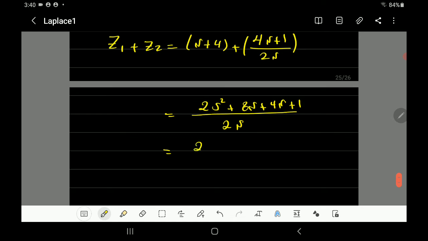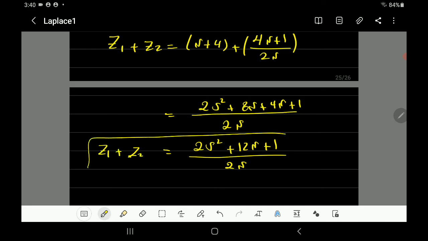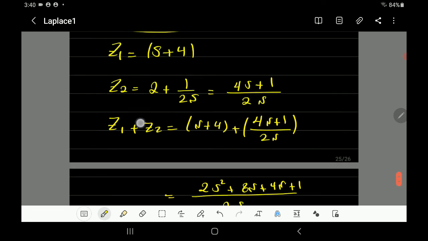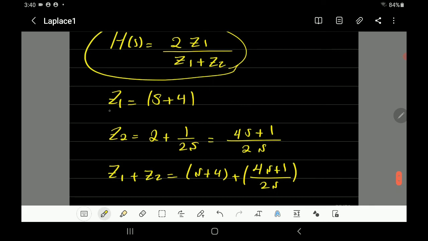That will give 2s squared plus 12s plus 1 divided by 2s. So that's Z1 plus Z2. We'll just go ahead and substitute in this equation.